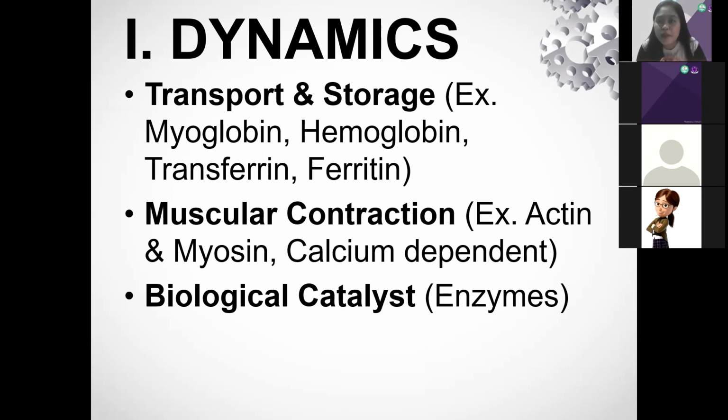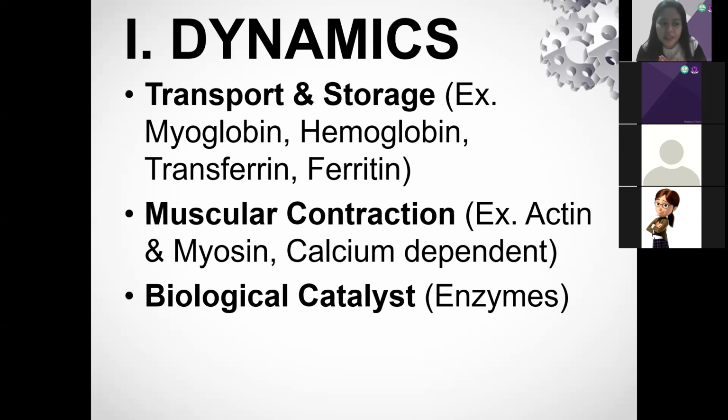So sa hemoglobin, that's in the blood, para mag-carry ng oxygen all throughout the body. The myoglobin naman, from the word itself, myo, that is referring to the muscles. And then we have transferrin and ferritin. Si transferrin, from the name itself, that's a transport protein because it will transfer or transport iron in the body.